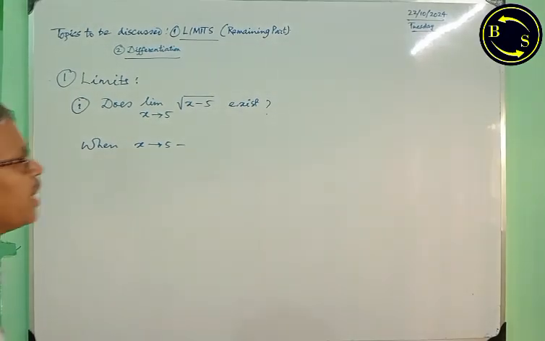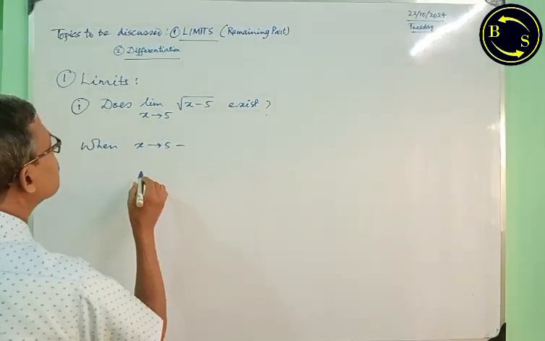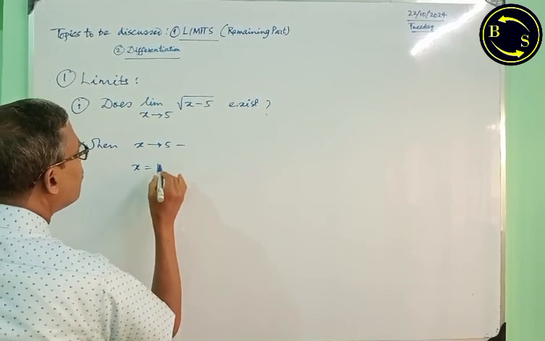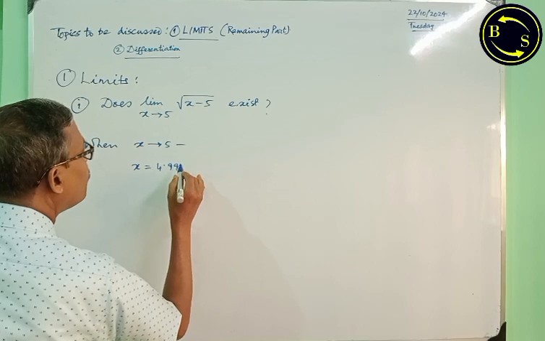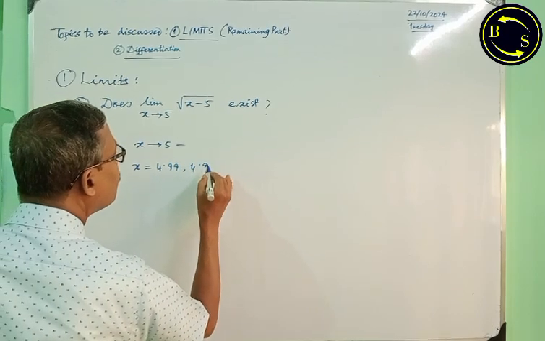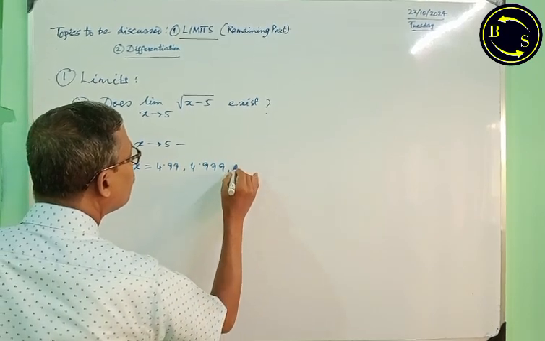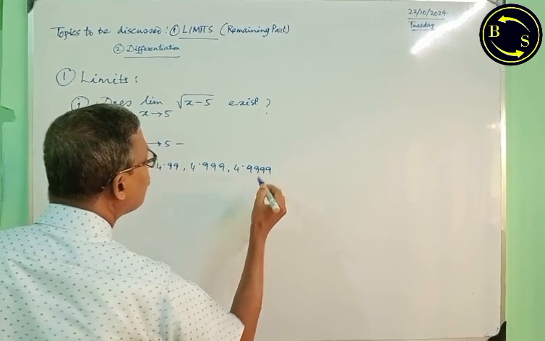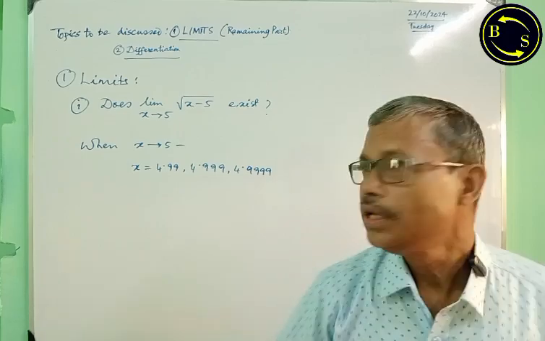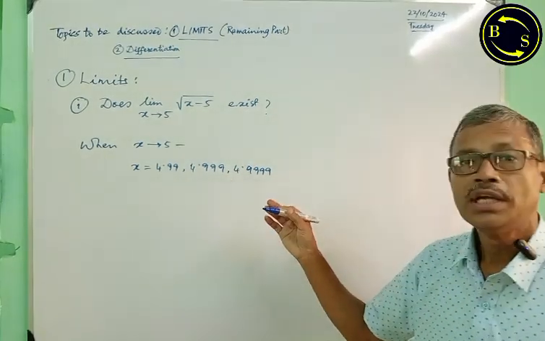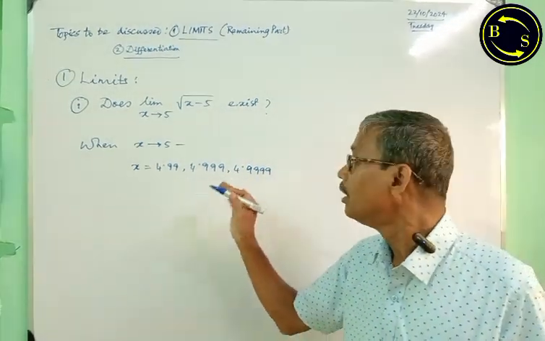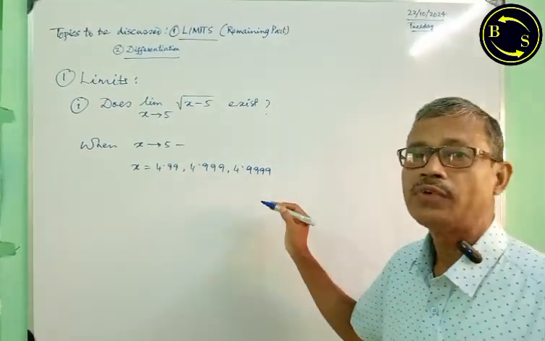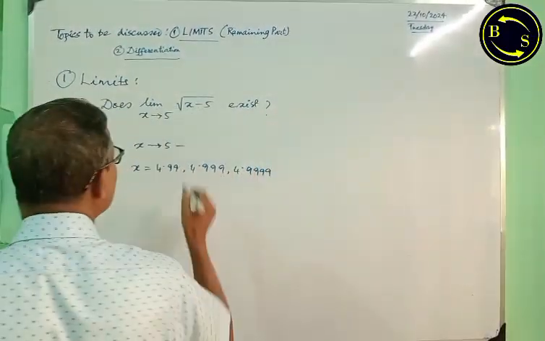When x tends to 5 minus, we take values like this. Each of these values are slightly less than 5, but near to 5. Then let us calculate x minus 5.